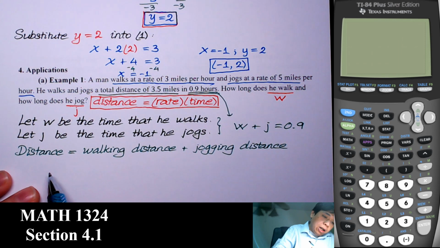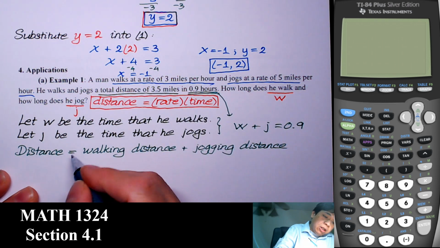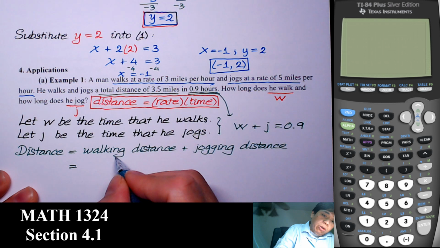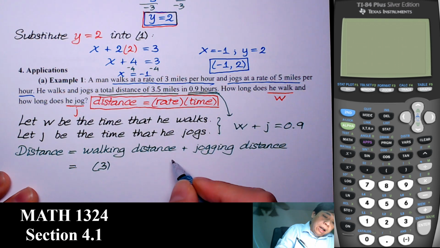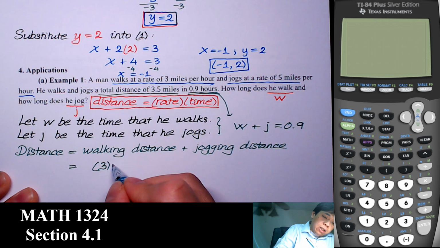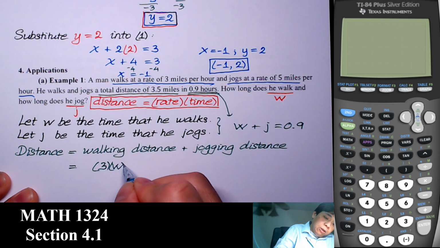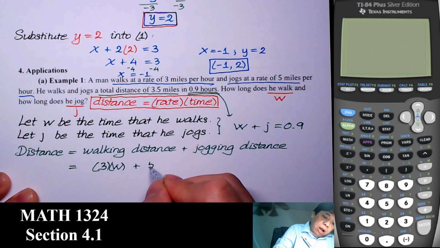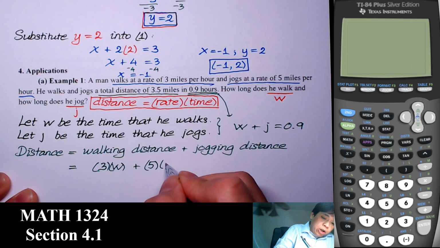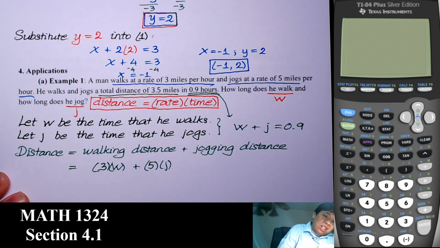The walking distance is the rate times the time. The walking rate is 3 miles per hour, and the time that he walks is W. The jogging rate is 5 miles per hour, and the time that he jogs is J. The total distance is 3.5 miles.